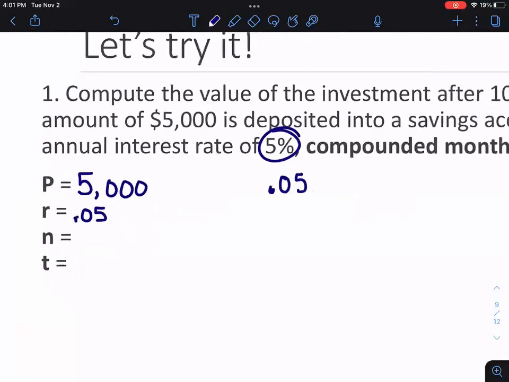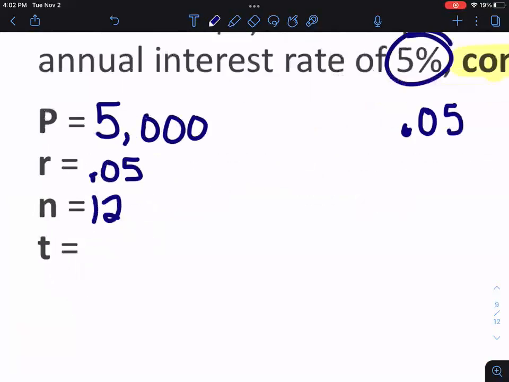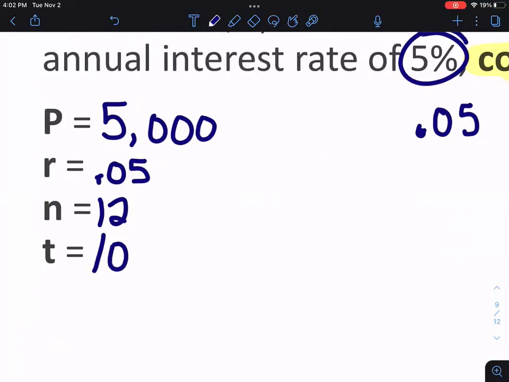N is the number of times your money is compounded. You'll see that it says compounded monthly. There are 12 months in a year, so you're going to earn money every month, so 12 times per year. And then the amount of time is 10 years.